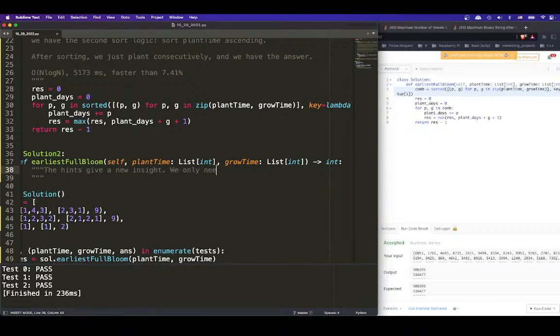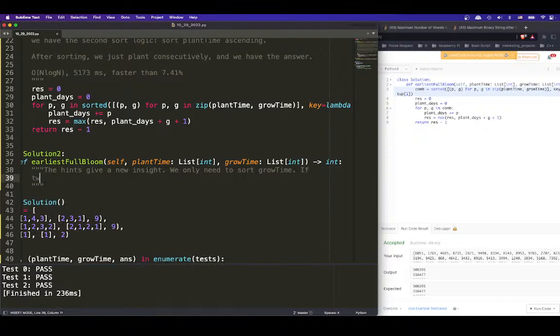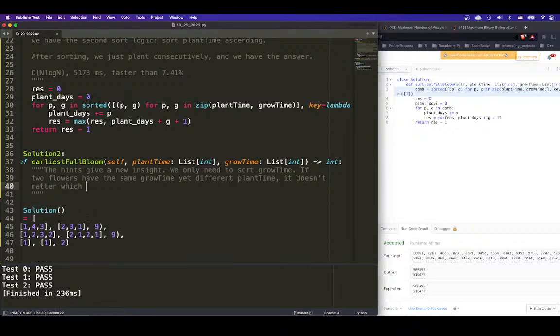We only need to sort grow time, not plant time. If two flowers have the same grow time yet different plant time, it doesn't matter which one to plant first.